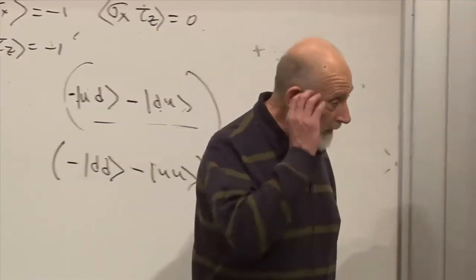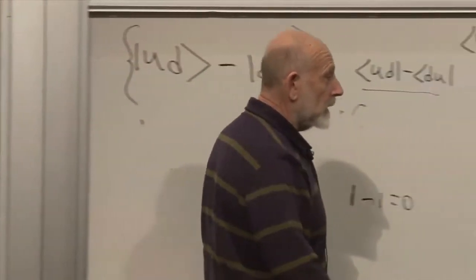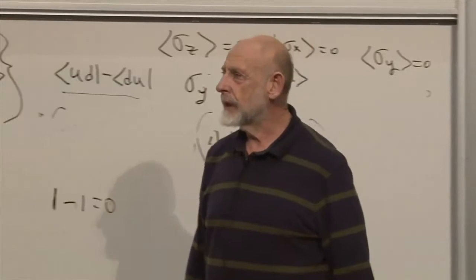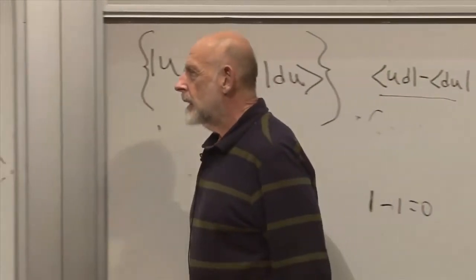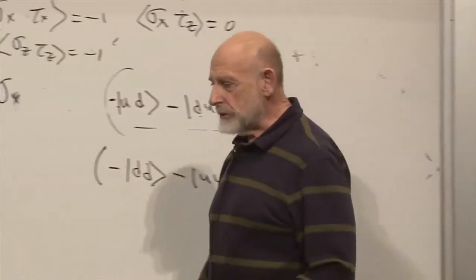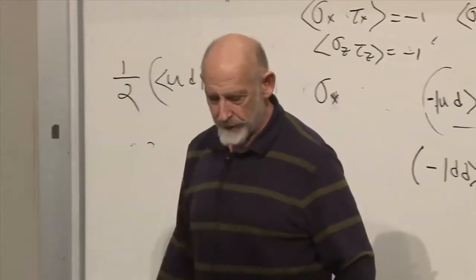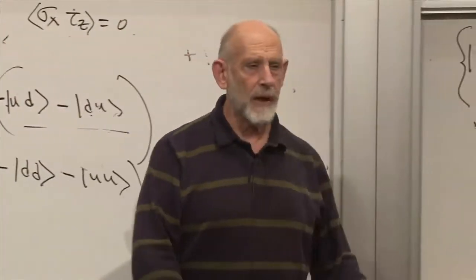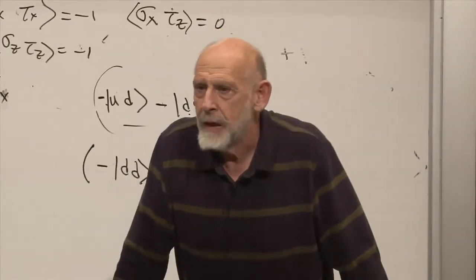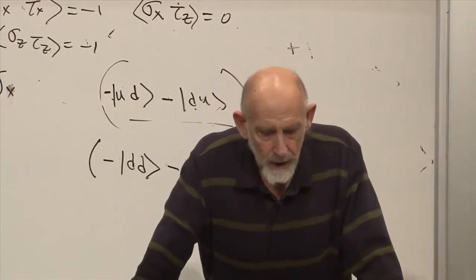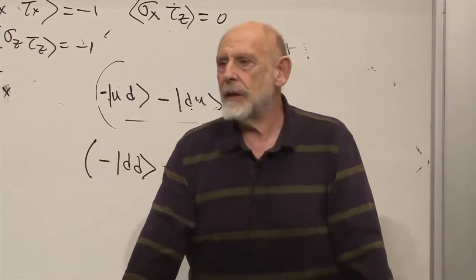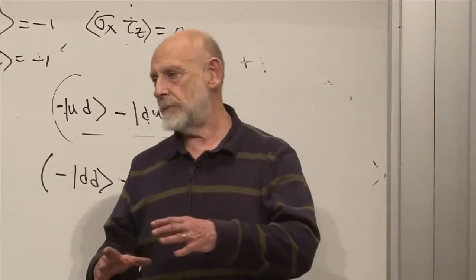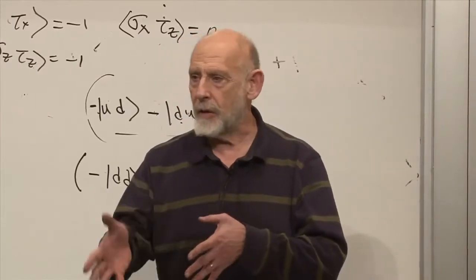Okay? I can say it another way. Here's a way to say it. Imagine you had a computer and you try to simulate on that computer the quantum mechanics of a single spin. Now here's the way you would simulate it. You would be able to instruct the computer to orient its apparatus in an arbitrary direction.